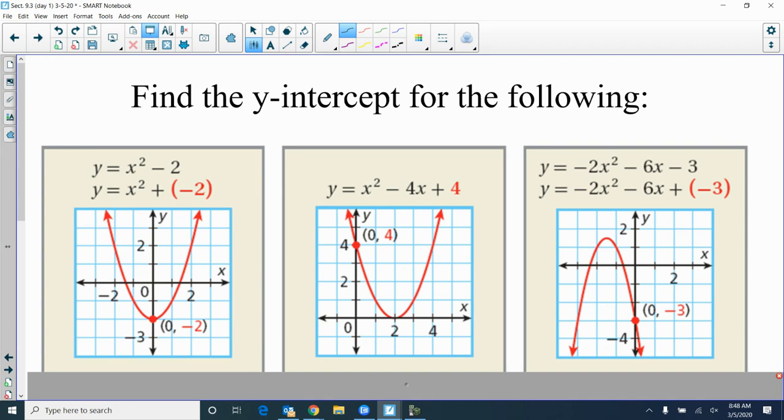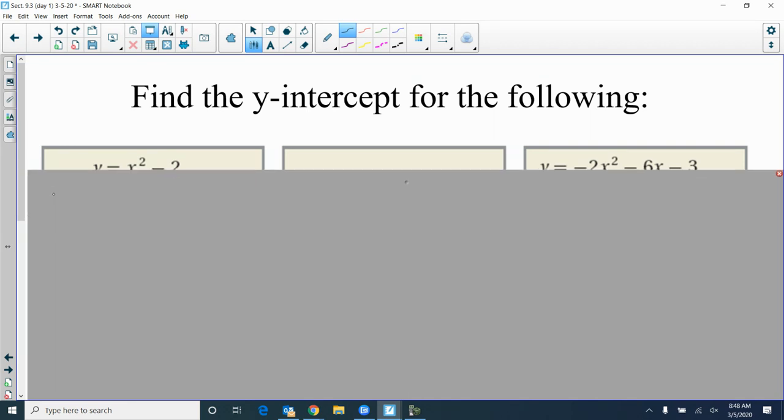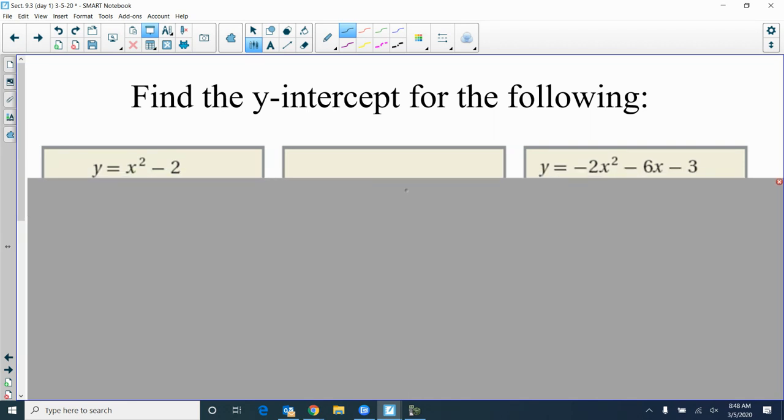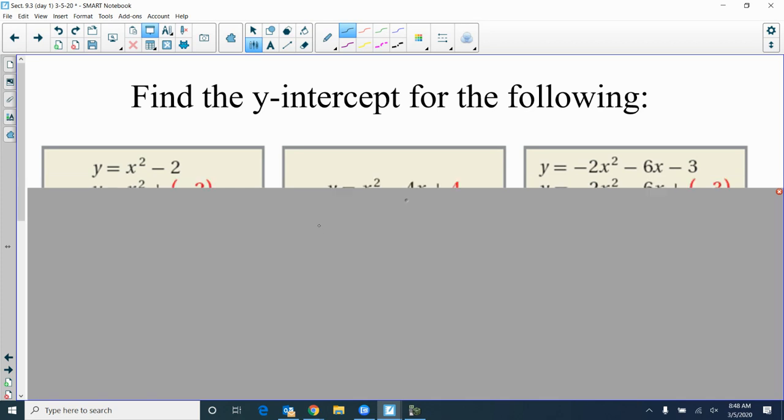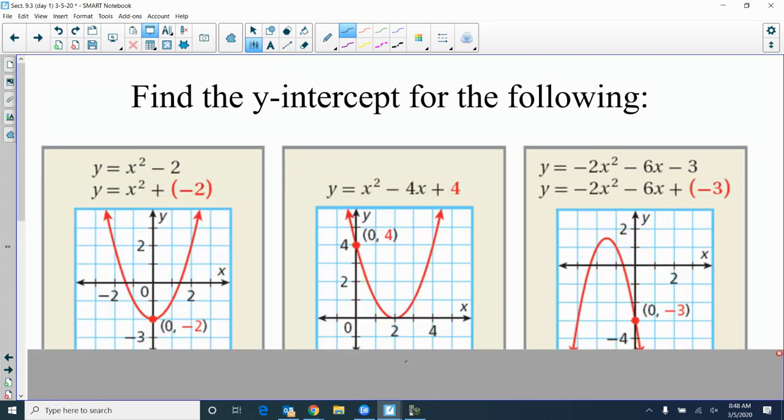You should be able to, after this, look at the equation and tell me where it's going to hit. Well, where did that one hit at? It hit at -2. This one right here hit at 4, and this one here hits at -3.